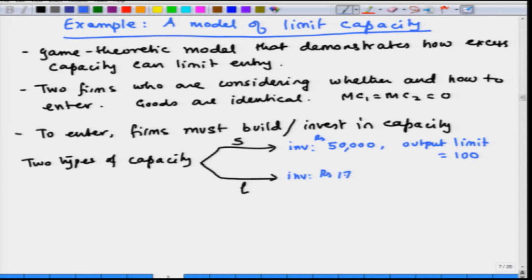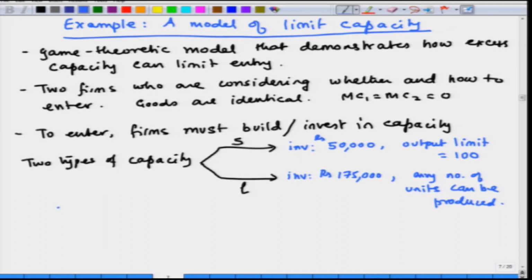So, that is 175,000 rupees. Let us say these are just stylized numbers, more to put structure into the example, but here there is no constraint on the output. So, any number of units can be produced.